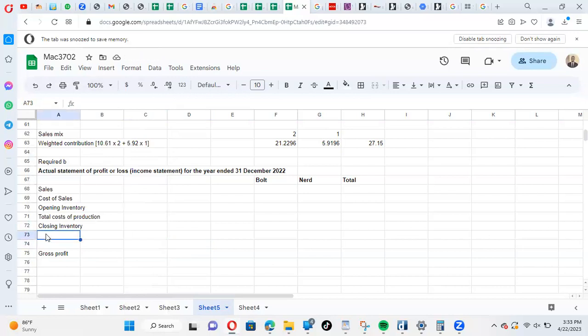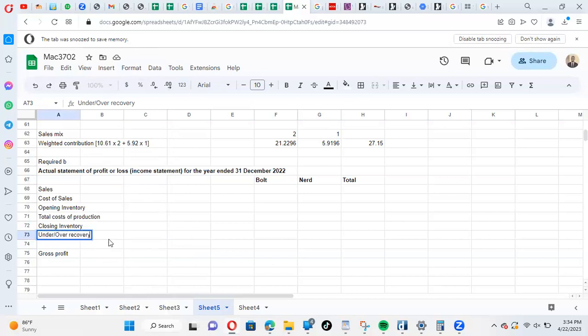I can't remember what we agreed on, but let's just put it before gross profit: under and over recovery, or absorption.